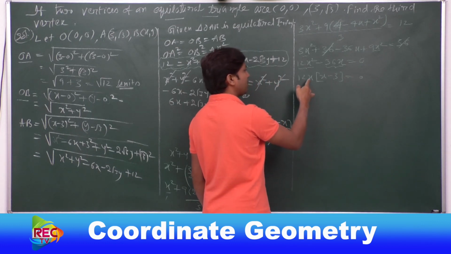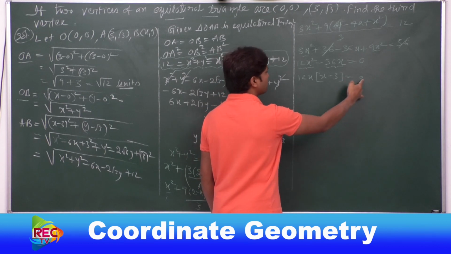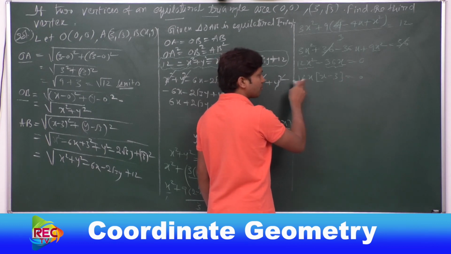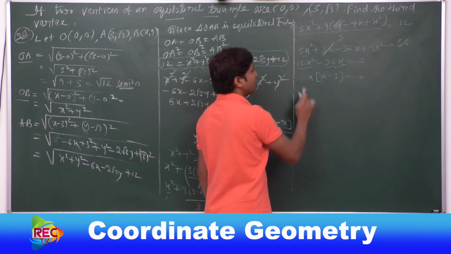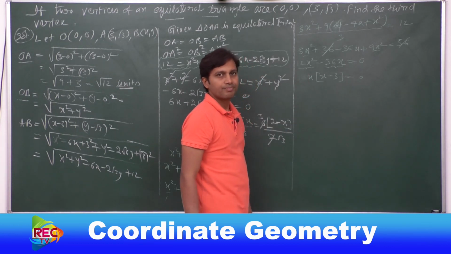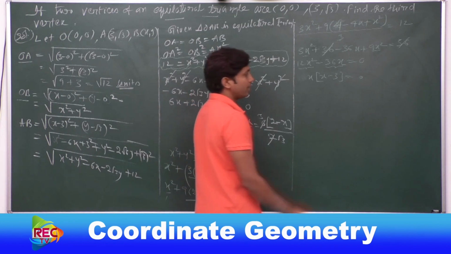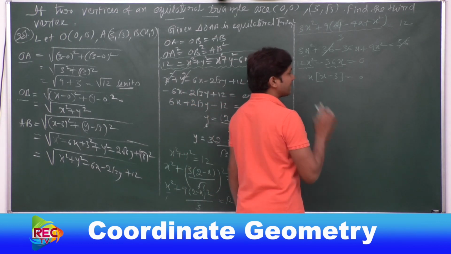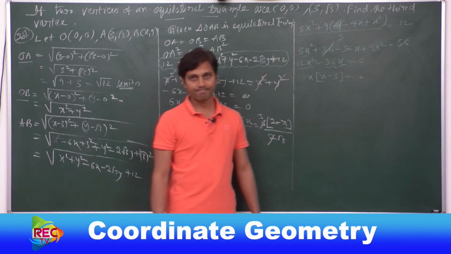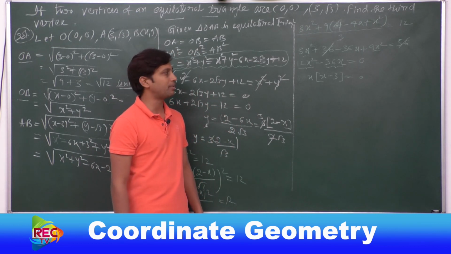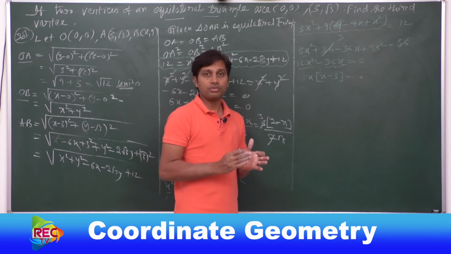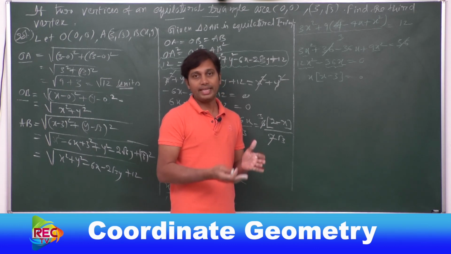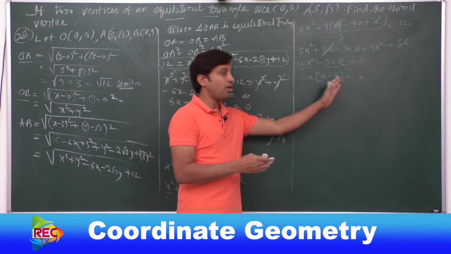Anyways, 12 into x into (x minus 3) equal to 0 means if you bring this 12 to this side, it will divide the 0. When it is dividing the 0, obviously this is equal to 0. Understood? 0 by anything is 0 itself, no? So now x into (x minus 3) equal to 0 we got. When the product of two expressions or two numbers is equal to 0, then either this equals 0 or this equals 0.